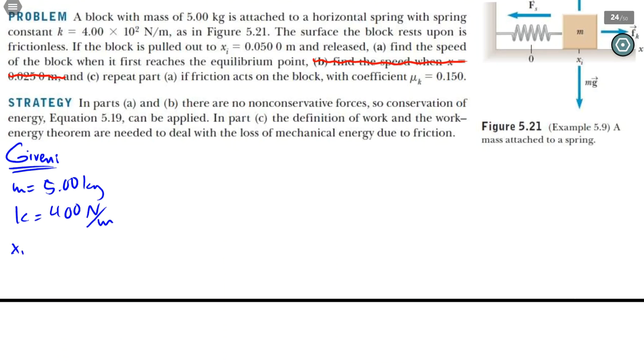The initial position of the block is away from the equilibrium position. Okay, and then this is for part A. For part B, it introduces a coefficient of friction. Okay, so not that bad. Unitless.